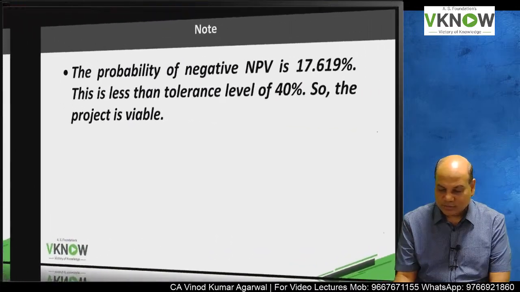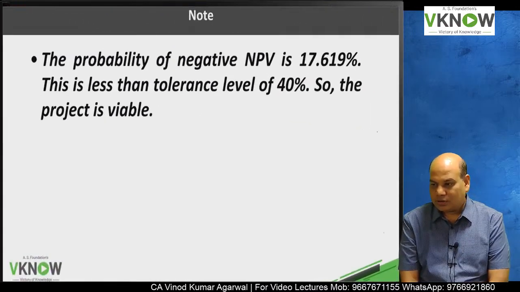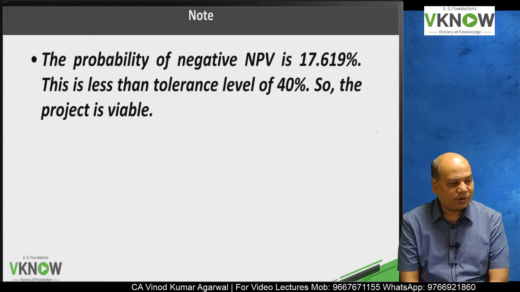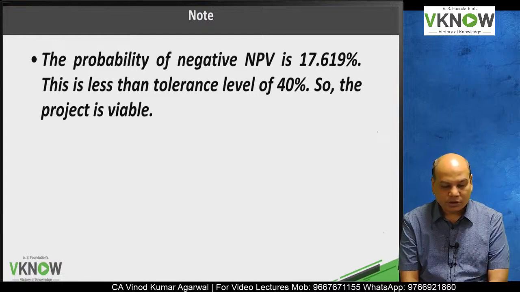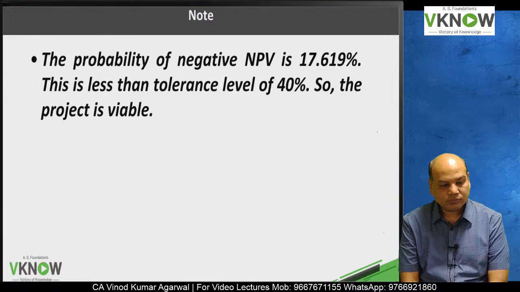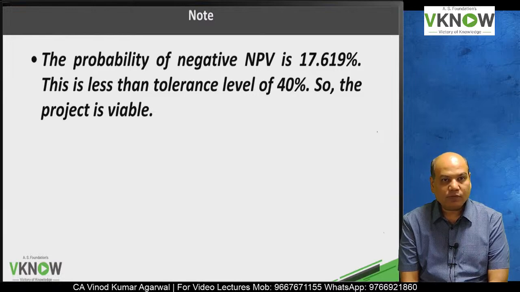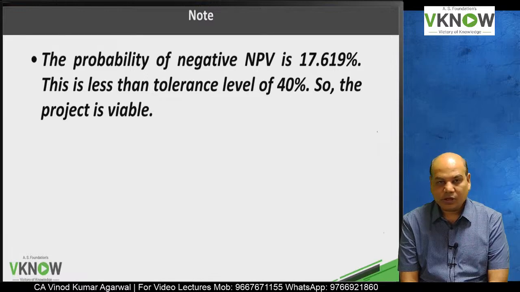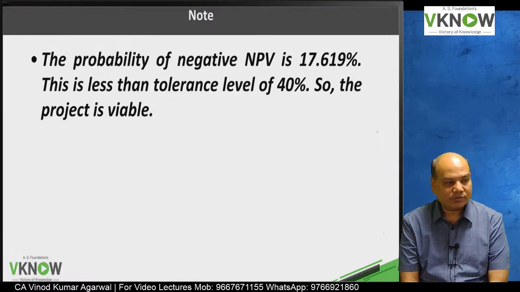Write down the answer. Note, the probability of negative NPV is 17.619%.